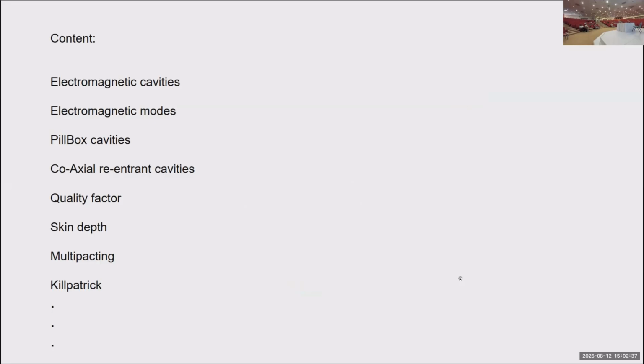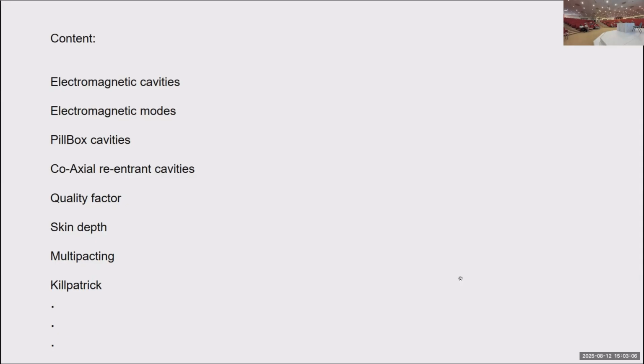The content of my speech starts with the electromagnetic cavities. I'm going to talk about some simple cavities, let's say rectangular cavities and cylinder cavities, and after that, I want to give some information about the electromagnetic modes briefly.